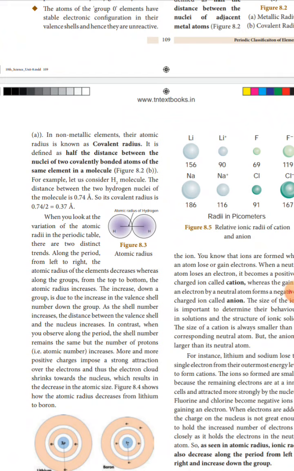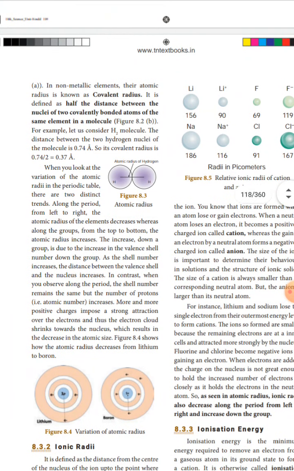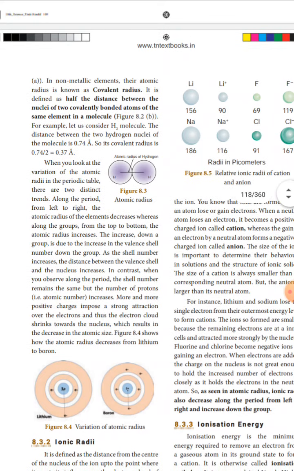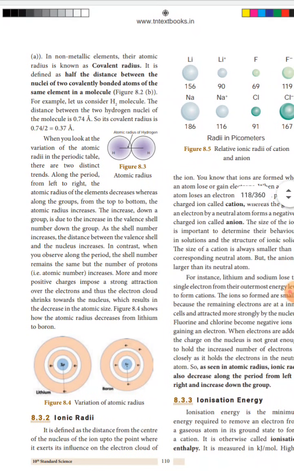For example, if we take a hydrogen molecule, formed by the combination of two hydrogen atoms. So two hydrogen atoms bonded with one another to form one H2 molecule. In hydrogen, the distance between two hydrogen nuclei of the molecule is 0.74 angstrom.